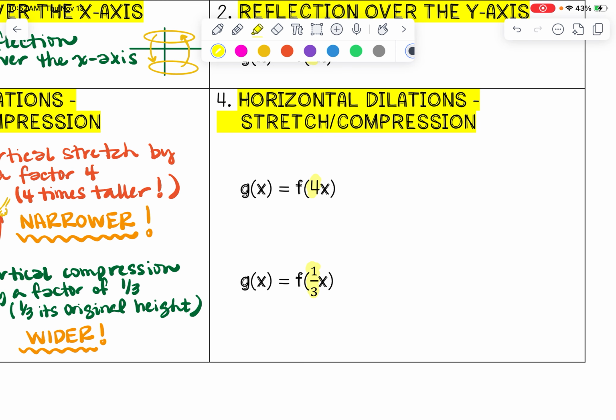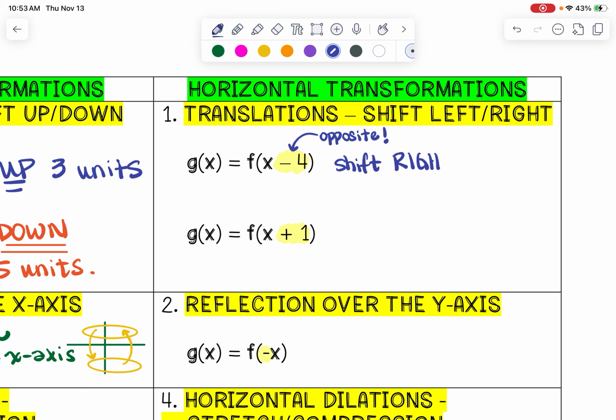All right, so remember, anything you see inside with the x is always the opposite of what you think is actually happening, right? So when I see the -4, I kind of think left 4, but no. When it's trapped inside the parentheses, it's the opposite. So this is actually a shift right 4 units.